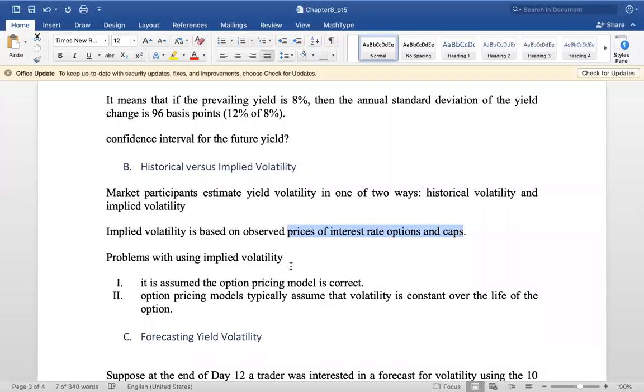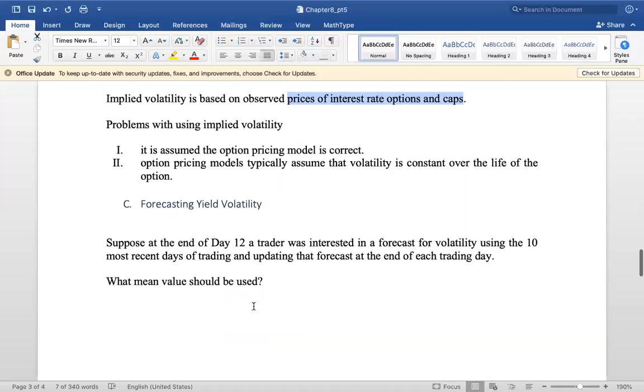The problem with this is that what they do is assume an option pricing model and input the observed prices and all other values into the option pricing model, and then try to estimate the volatility out of it, which is also one of the inputs. But the problem is that it is assumed that the pricing model is correct, and the option pricing model typically assumes that volatility is constant over the life, which actually is not.